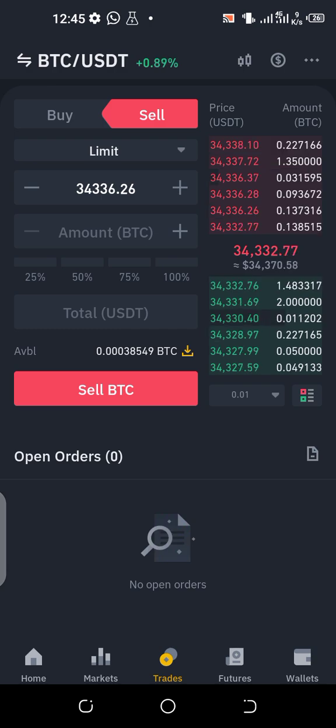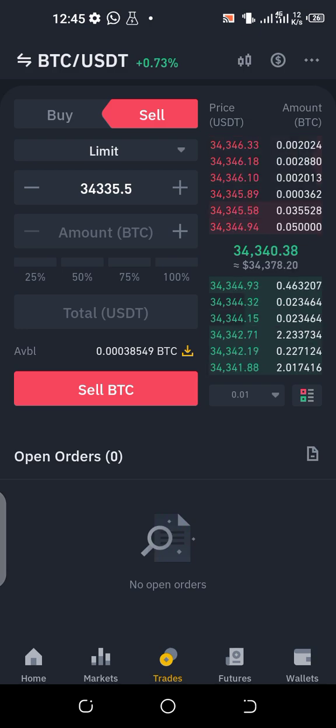The figures in green and white are buy orders. The figures in red are sell orders. Now, it means that at 34,321.73, a certain amount of Bitcoin is available for sale, and that's the figure in white.